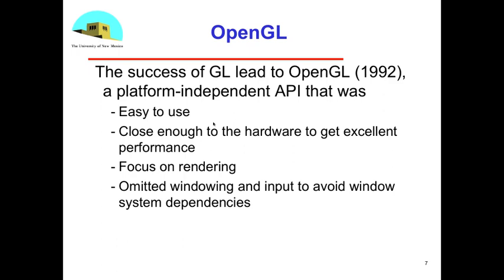which was a platform independent API that was close to Iris GL, but what they had to do was take out the windowing and the input because that was so system dependent. So the idea was that here's an API with a bunch of routines in it that will let you render.